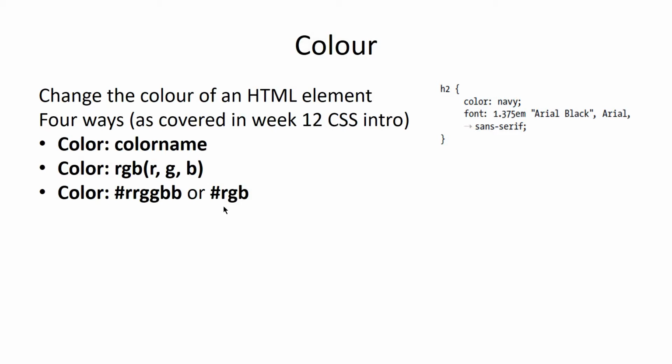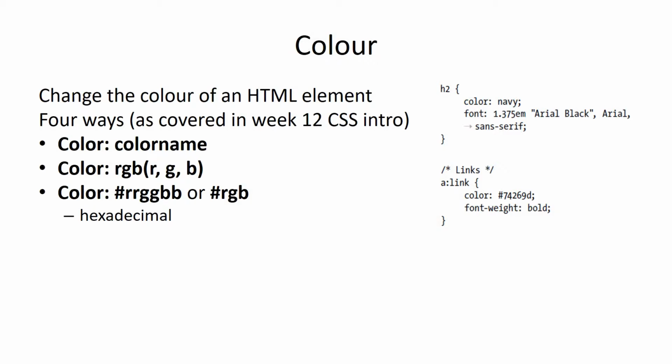So RGB means RR, GG, and BB. Okay, so this example uses hexadecimal numbers. So we say color hashtag 74 is the value for red, 26, or rather 26 in hexadecimal, is for the green, and 90 for the blue value.